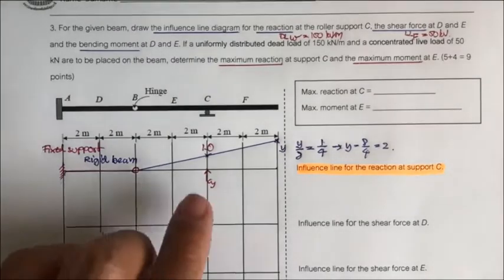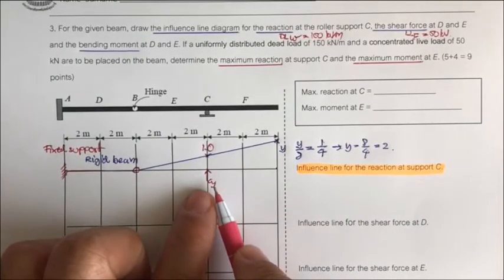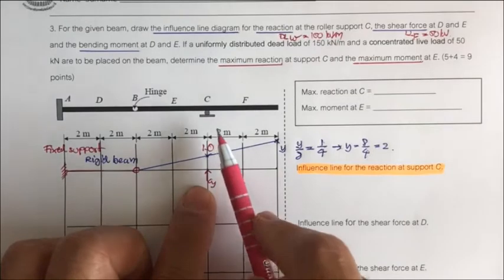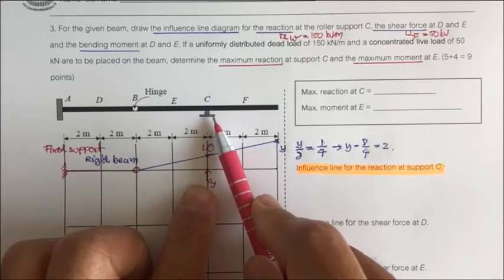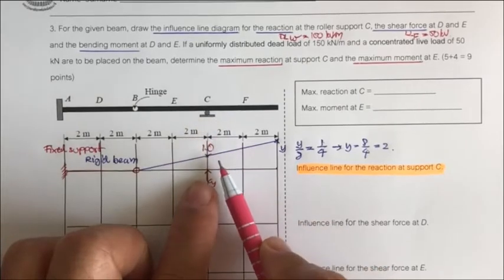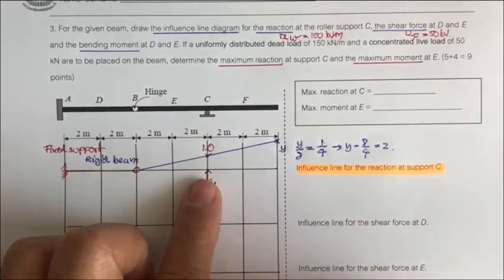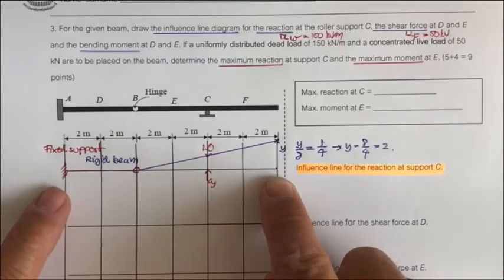If you would like to draw the influence line of a reaction, you eliminate the resistance, or you eliminate the support of that reaction, and then you put the reaction to move the beam segment by 1 unit. The obtained shape is the influence line diagram of the reaction.